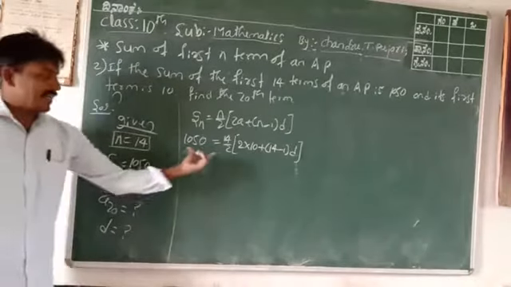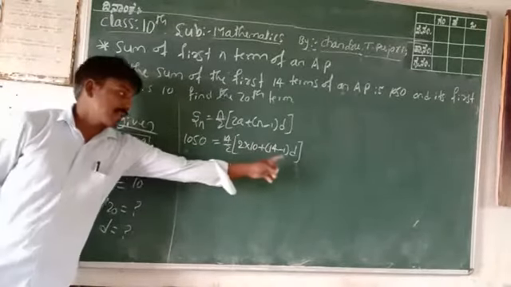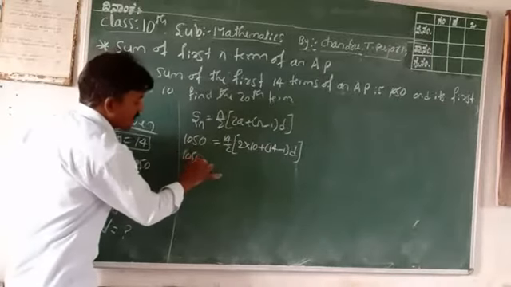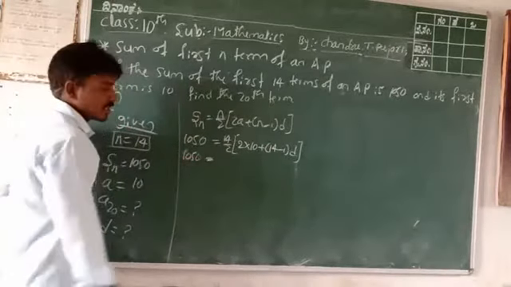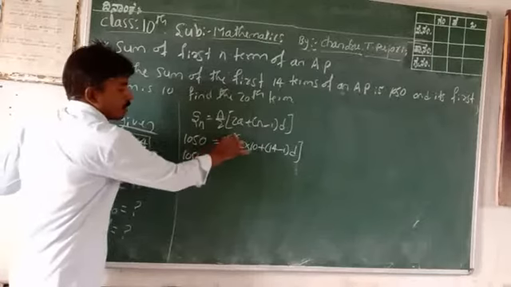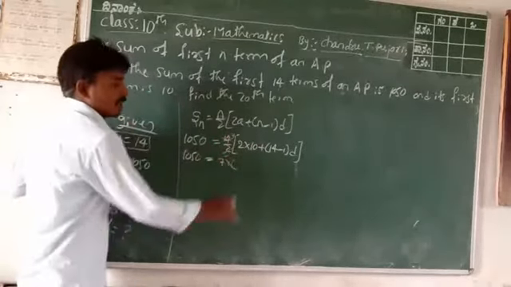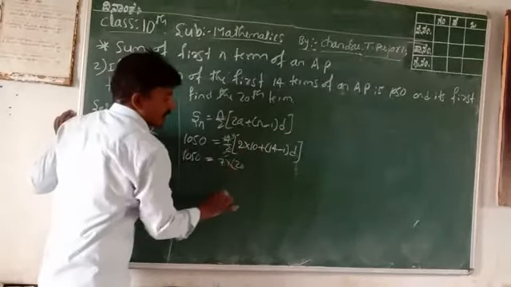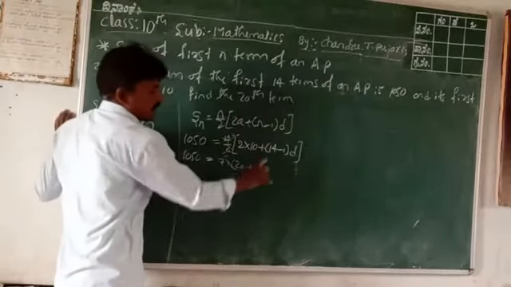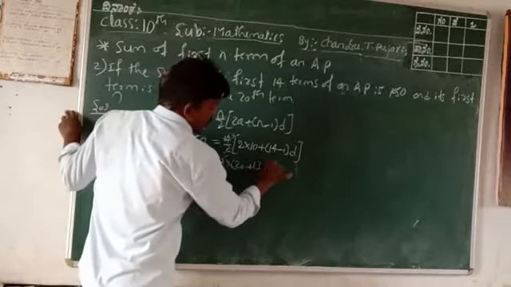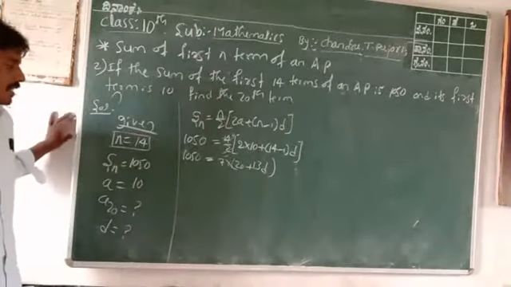In the given condition, by simplification you can find the D value. On this side 1050 is the same as it is. Next, 2 ones are 2, 2 sevens are 14, therefore 7 into bracket of 10 twos are 20 plus 14 minus 1 is 13D.